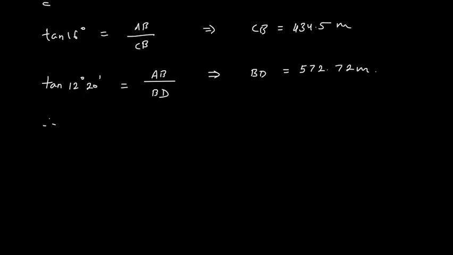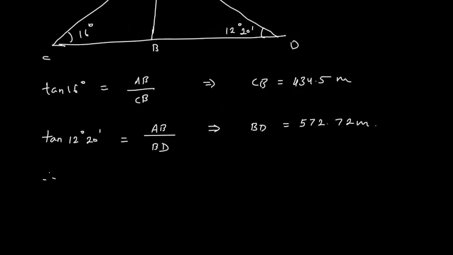So therefore the distance between two rocks, that is CD. Now when they are on the opposite side, what we do? We will add these distances, like CB and BD. These two distances we add. So it is 434.5 plus 572.72.